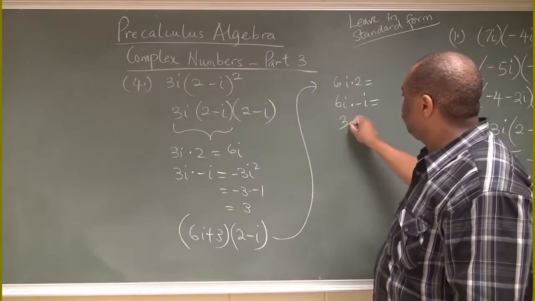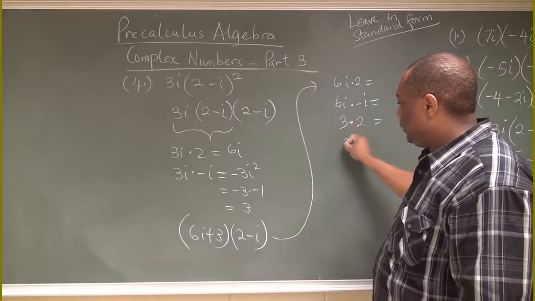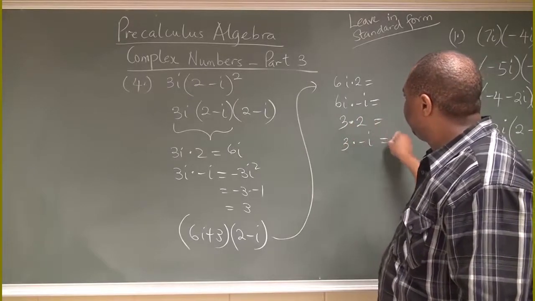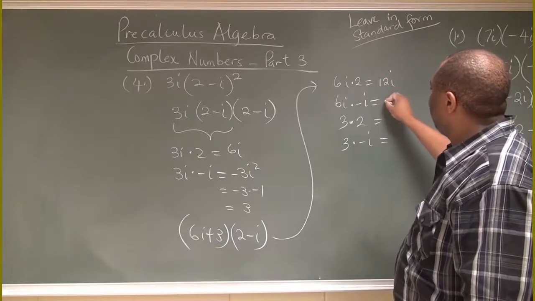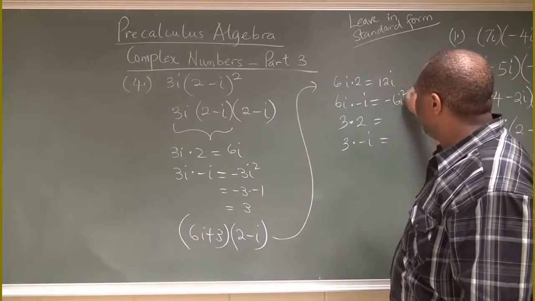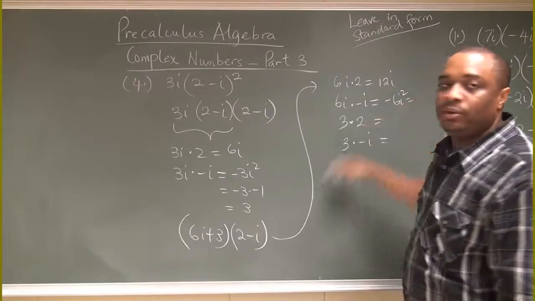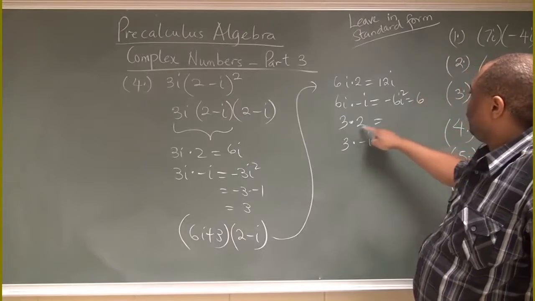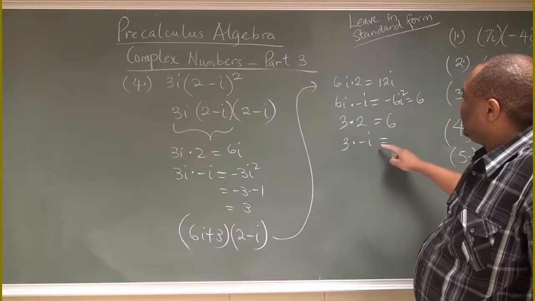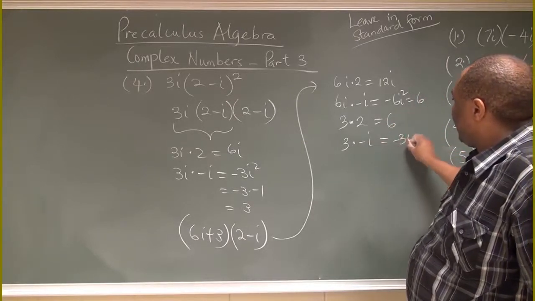Then 3 times 2, and then 3 times negative i. So this is 12i, and this is negative 6i squared, which gives negative 6 times negative 1, which is 6. 3 times 2 is 6, and 3 times negative i is negative 3i.